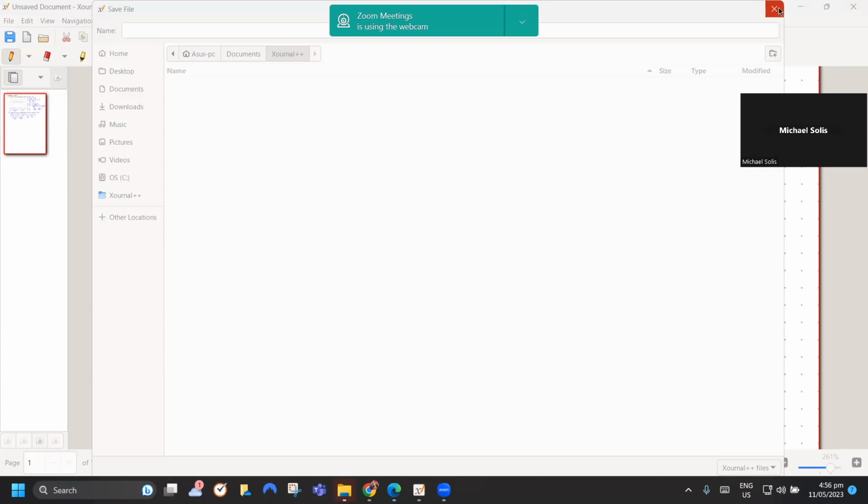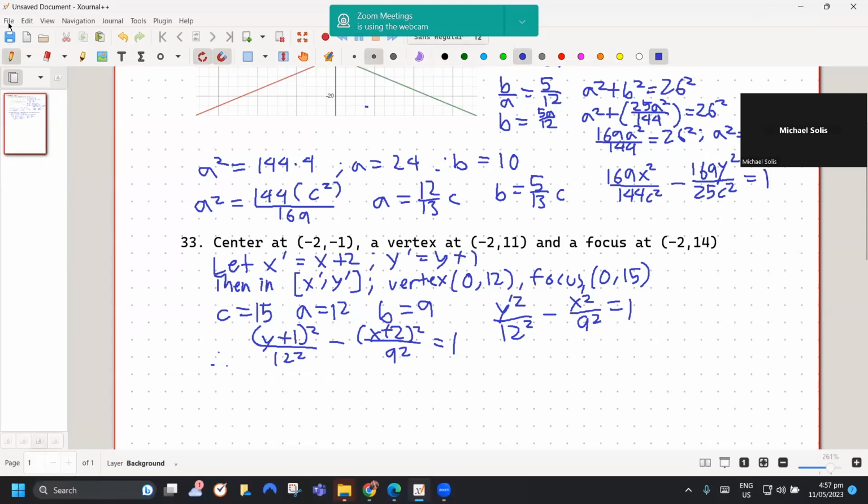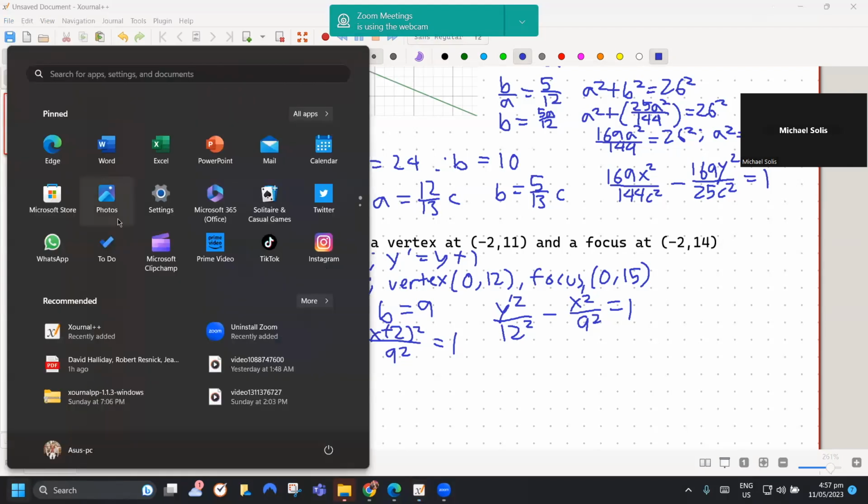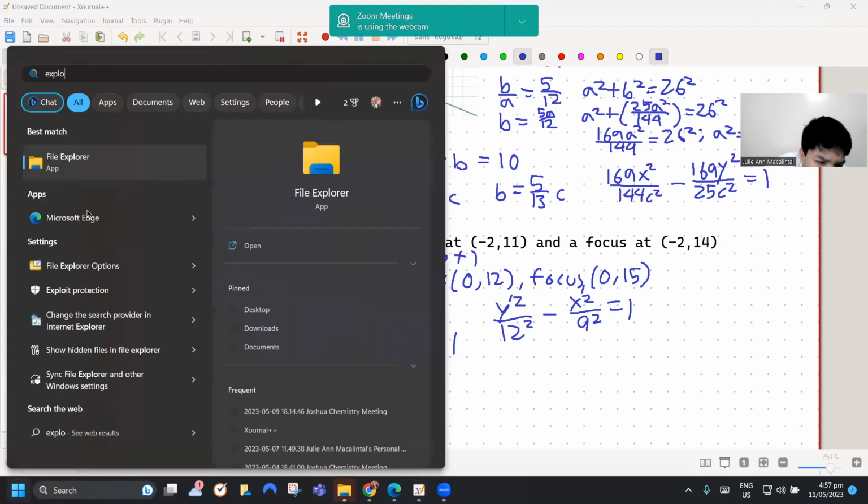So i-X out mo yung window and then... bakit ganyan eh? Pwede nga patingin nung buksan mo yung Windows Explorer. Let's not try to save that.